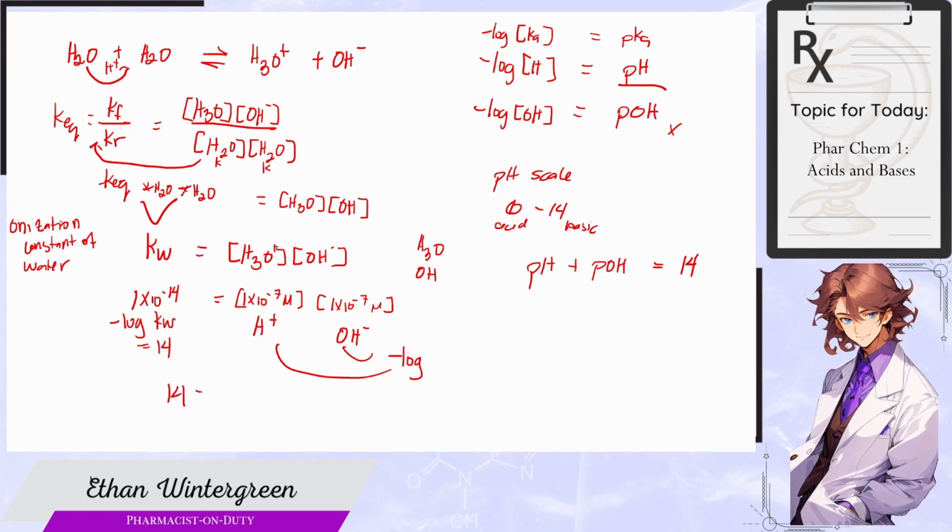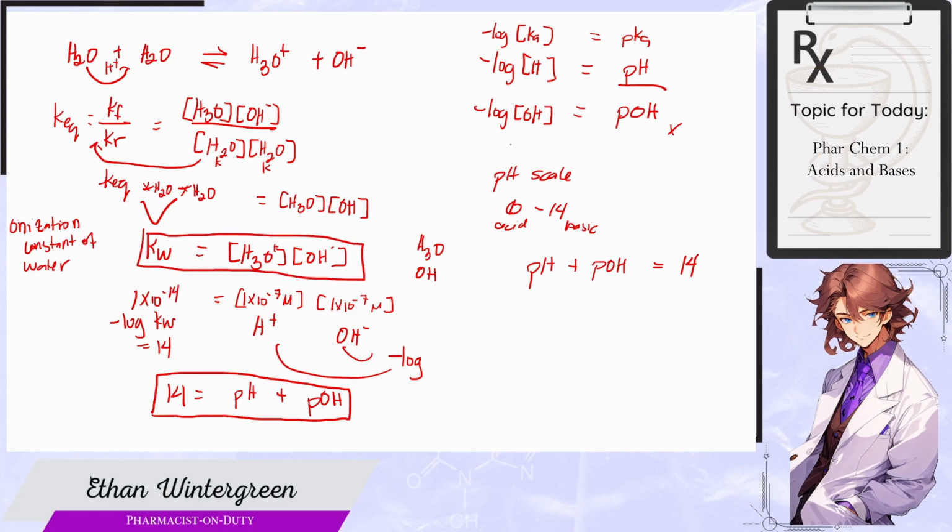So 14 equals pH plus pOH. These are the useful equations you should copy. So boxed here are the most important equations you should copy.